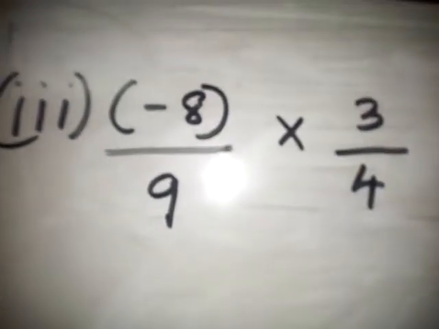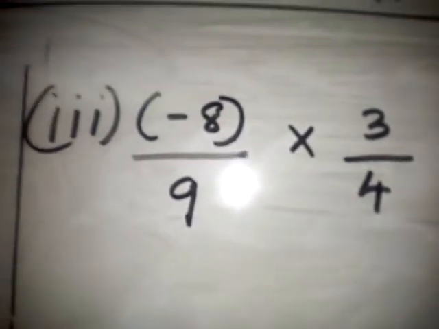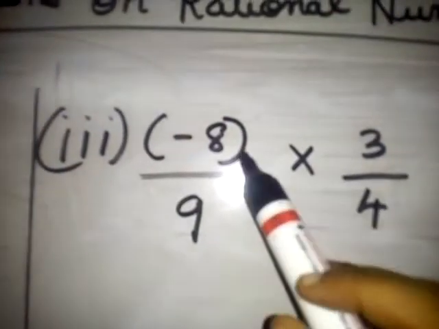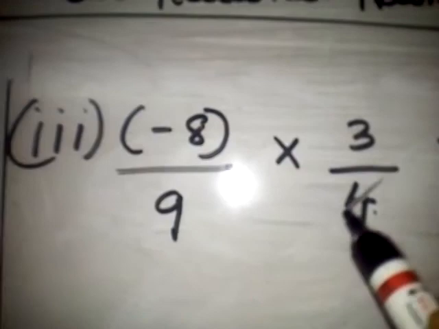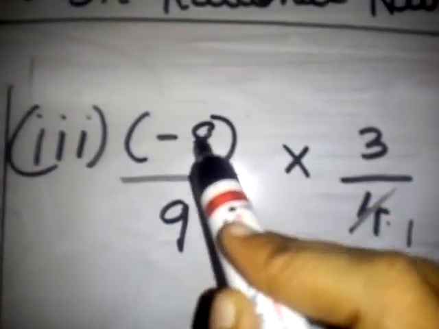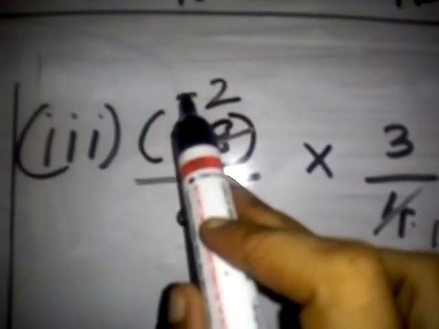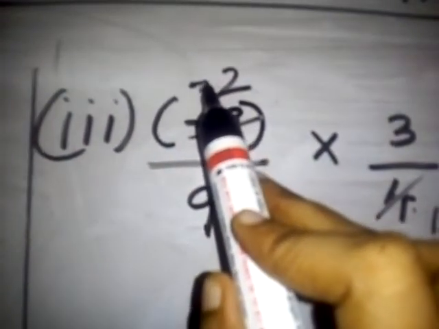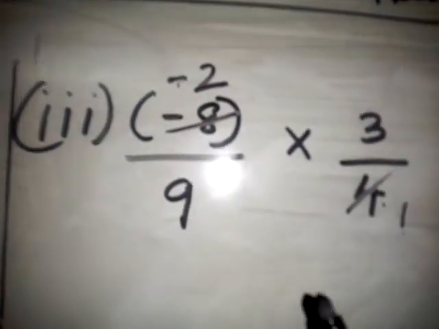Look at third one. Minus 8 upon 9 multiplied by 3 upon 4. Minus 8 and here 4 table is going here. 4 1s are 4. 4 2s are 8. Minus sign you have to write as it is here, okay. 4 1s are 4, and minus 2s are minus 8.